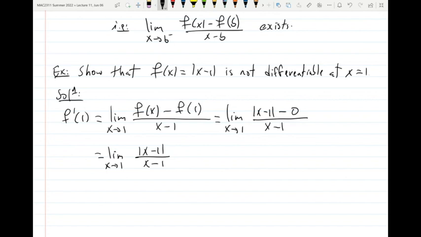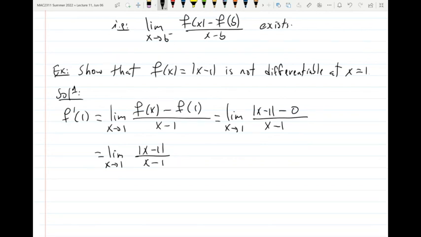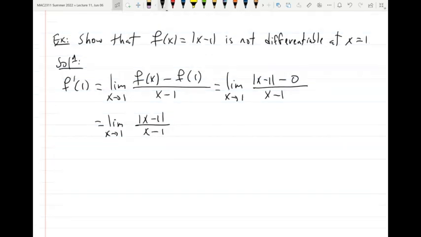If this is positive, you can just remove the absolute value. If this is negative, you can remove it, but you need to put a minus in front. So to be able to know the sign of this, you need to know on what side you are. Are you to the left or to the right of 1? Because depending where x is, that's what you can tell about x minus 1. So that's why your classmate said, if you want to proceed here, we need to look at side limits. Okay? So we need now side limits.